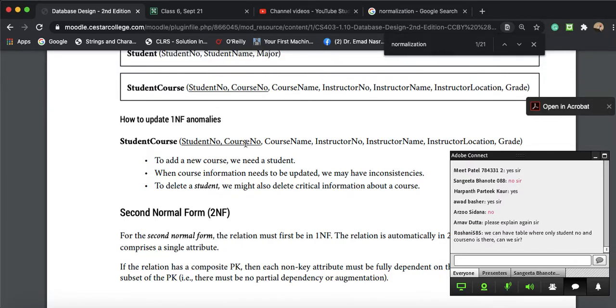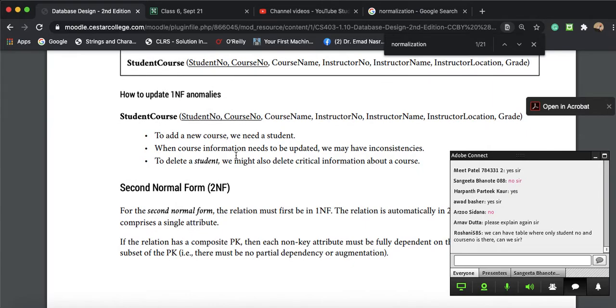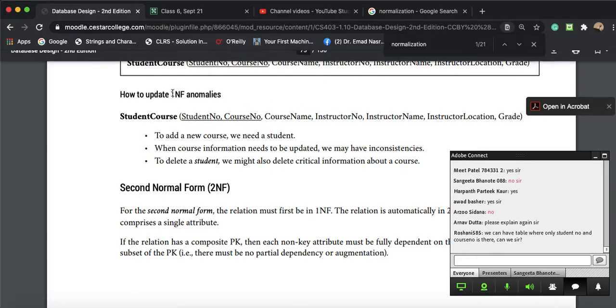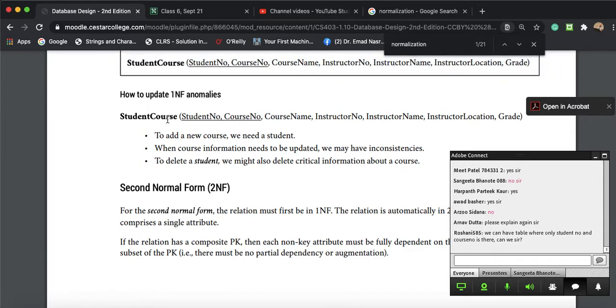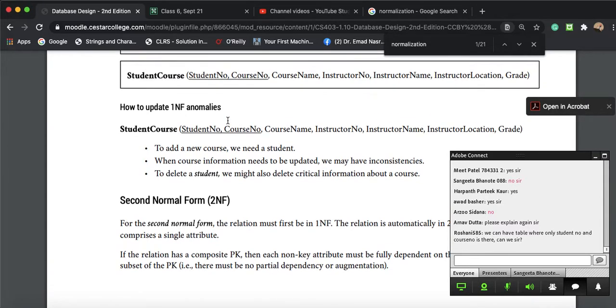All information about course number 1 will be deleted. So there is a problem here, which means this design is bad and this table is not in the second normal form. This table here is in the first normal form.